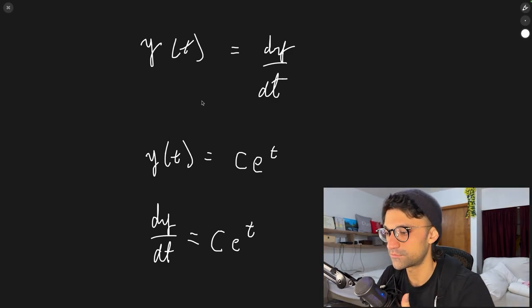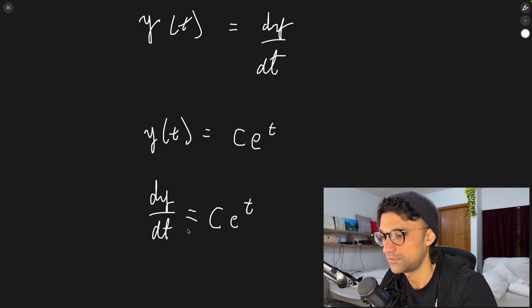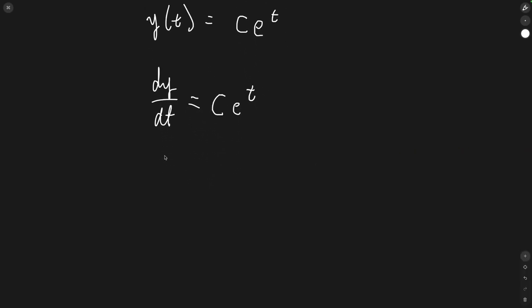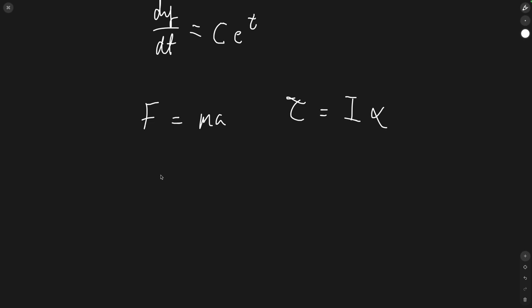So in physics, we have our equations of motion, such as F equals ma, or tau equals moment of inertia times alpha, angular acceleration. For example, if you have a falling object in free fall, your ma is equal to negative mg.